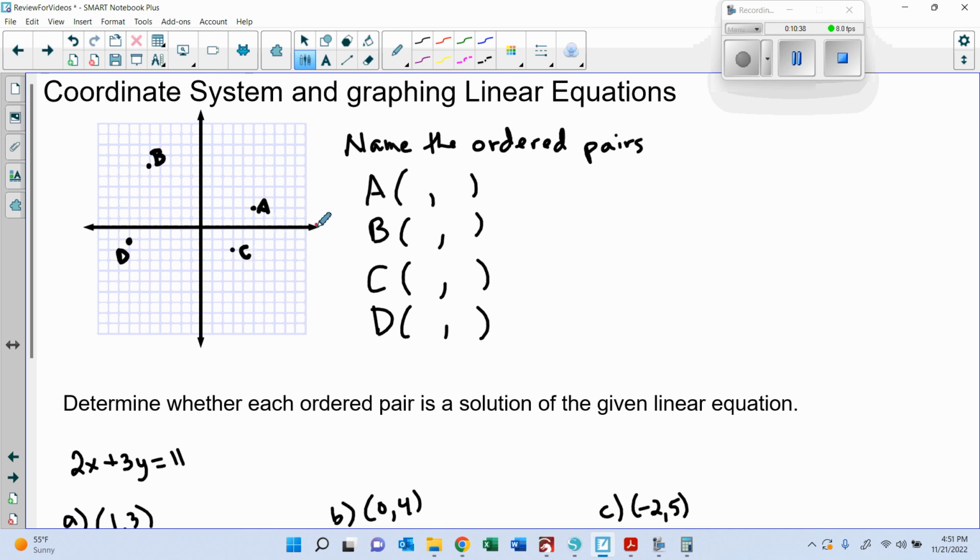So we need to remember that horizontal is X, vertical is Y, positive is to the right and up, negative is down and left, and we just name our points.